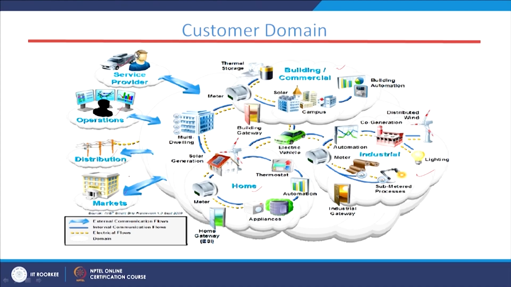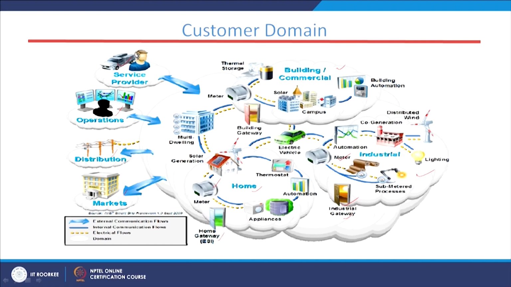What I want to say from this particular figure is that in every customer domain, maybe it is commercial, industrial, or home type of customers, everywhere the common thing is the metering facility, and we have a gateway. You could see here in industry also we have a meter, and also we have an industrial gateway. And similarly for home type of customers, we have a home gateway and also the meters.